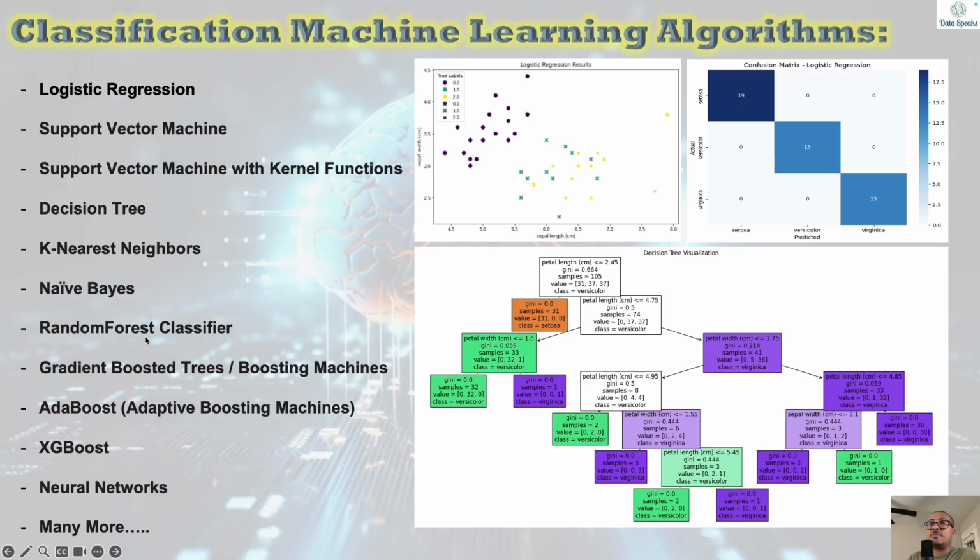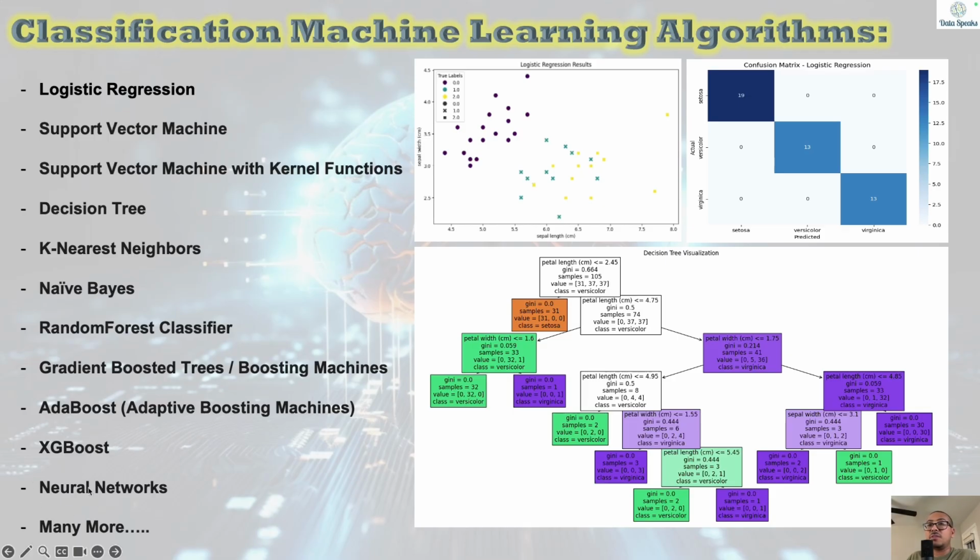Naive Bayes, random forest, etc. Gradient boosted trees, boosting machines, AdaBoost, XGBoost. These are called ensemble techniques. From the random forest up to the XGBoost, they utilize many decision trees to make the decisions, and they provide us pretty powerful predictions as part of the classification and regression problems.